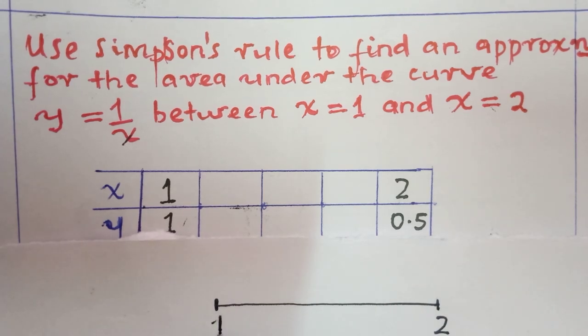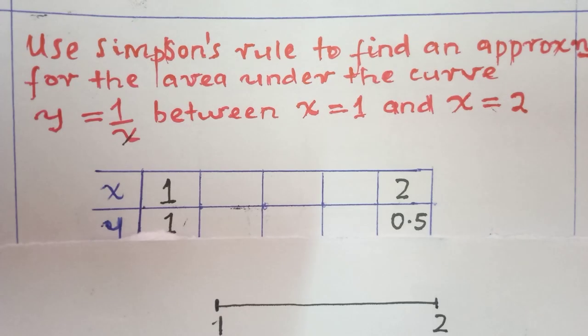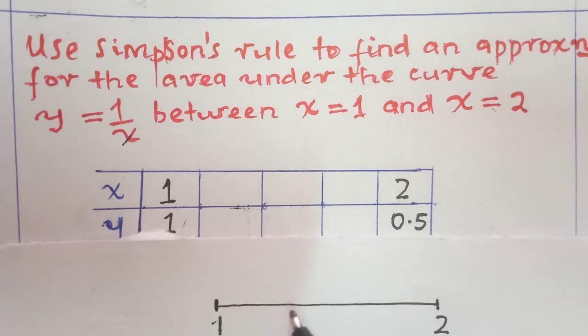I want to divide this into an even number of strips. I can choose 2, 3 or 4. But because of Simpson's rule, we cannot choose less than 4. So I am going to choose 4, and I will show you why you cannot choose less than 4.